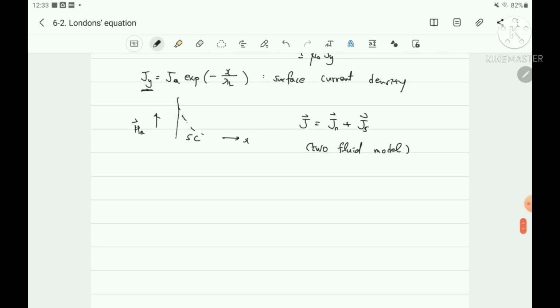The two-fluid model consists of normal electrons and super electrons. The normal electrons follow Ohm's law, and the super electrons follow the London equation.